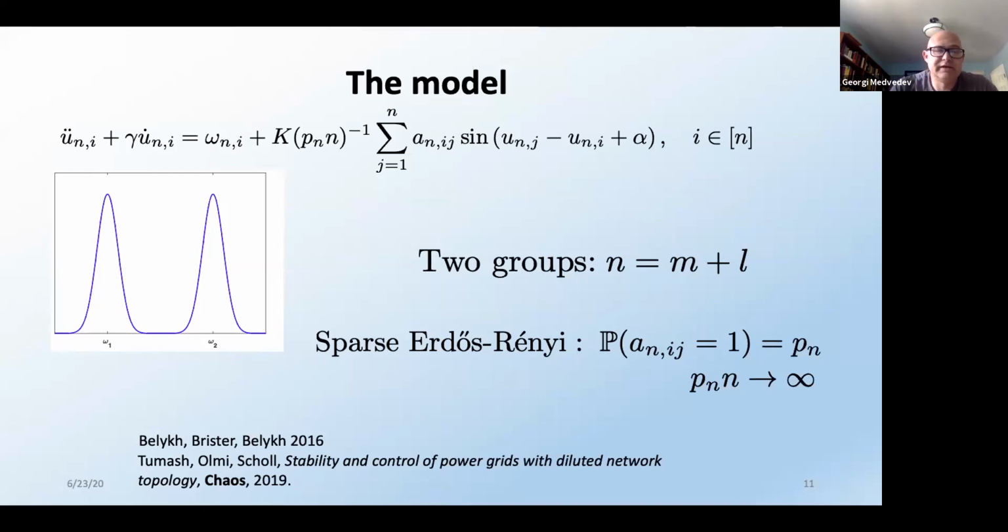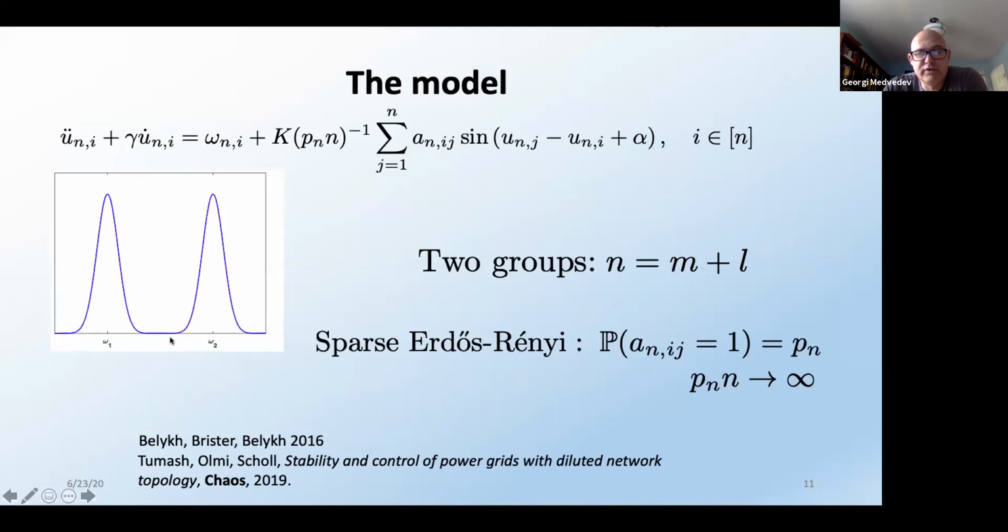Another simplifying assumption which we make is, since we are interested in two clusters, we split our network into two groups. For the first M oscillators, we assign intrinsic frequencies drawn from a unimodal distribution whose density is shown on the left. That's this peak around omega-1.